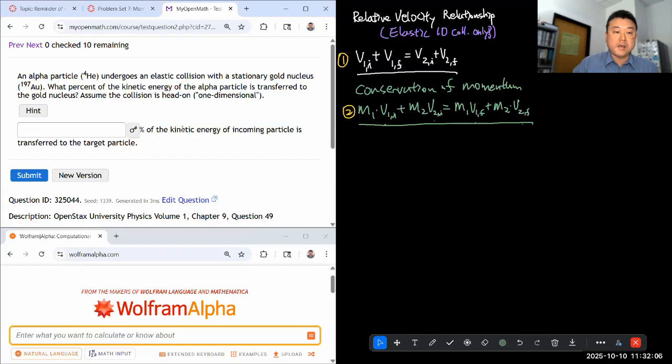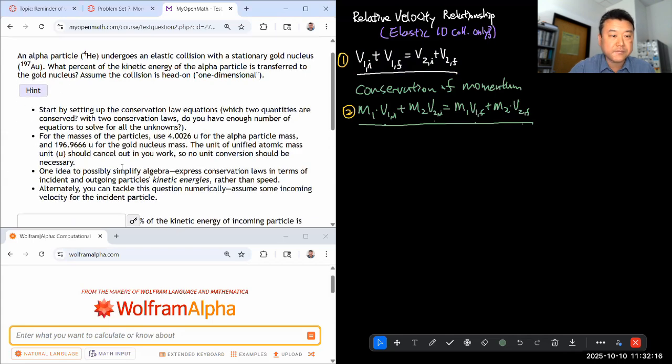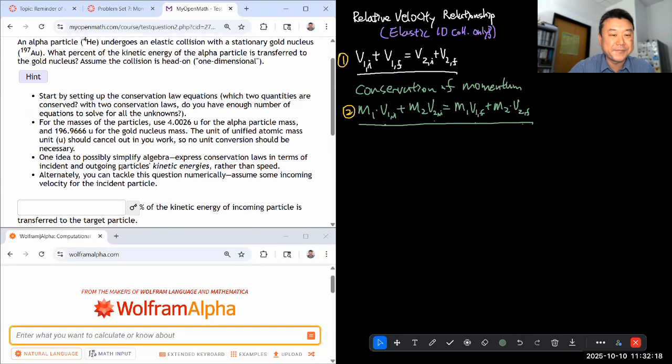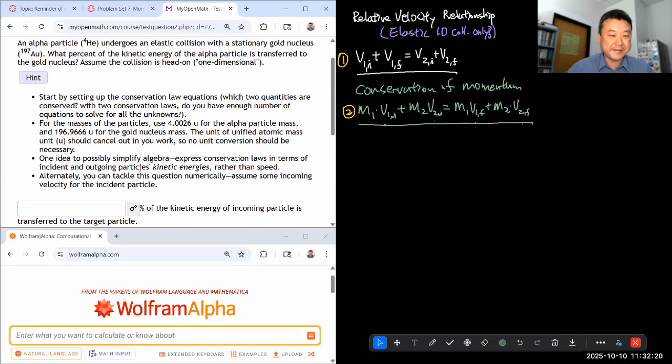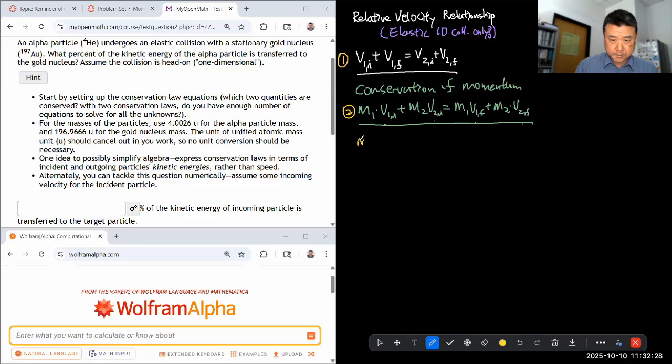So, let me say an alpha particle undergoes an elastic collision with a stationary gold nucleus. Okay, we have the masses of the particles, good. Let me just copy down those masses and then I don't have to keep looking them up. So the mass of the helium particle is 4.0026.